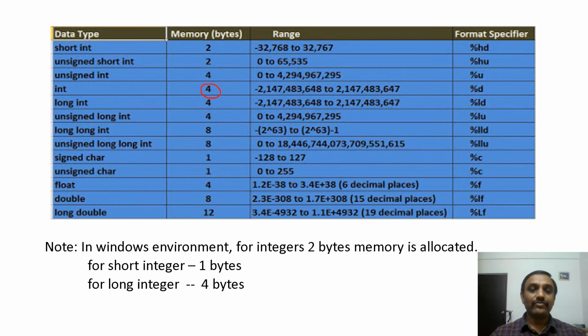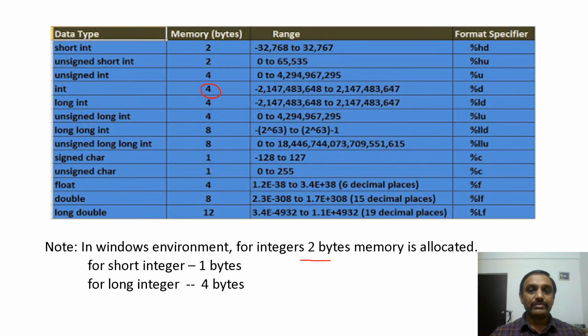In the case of the Windows operating system, for integers, 2 bytes of memory are allocated. So in the integer case only, there is a difference between the Linux environment and the Windows environment. Other than integers, the same amount of memory is allocated in both environments.